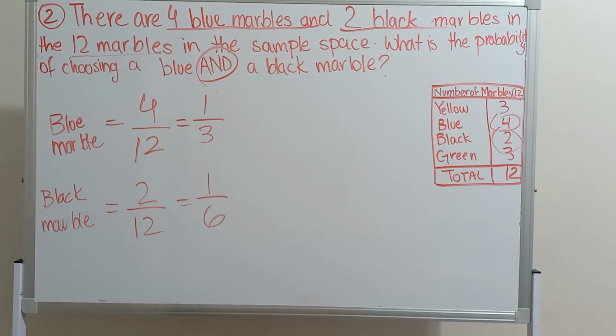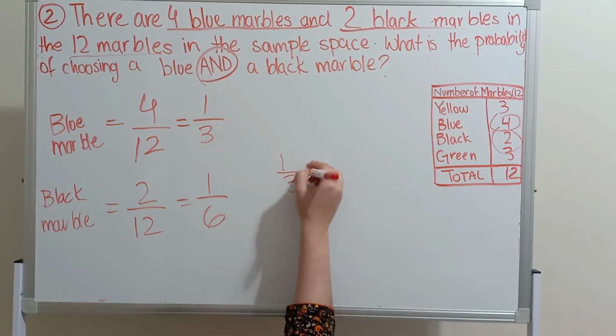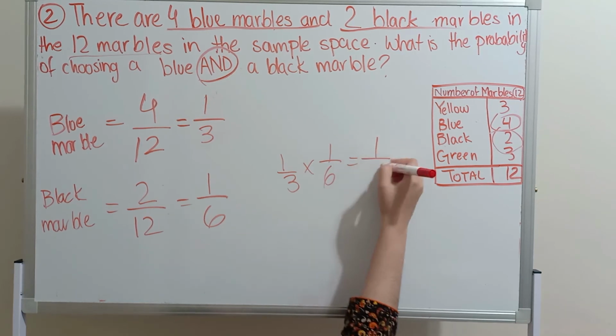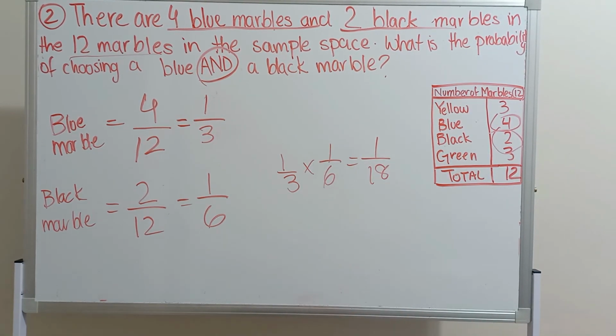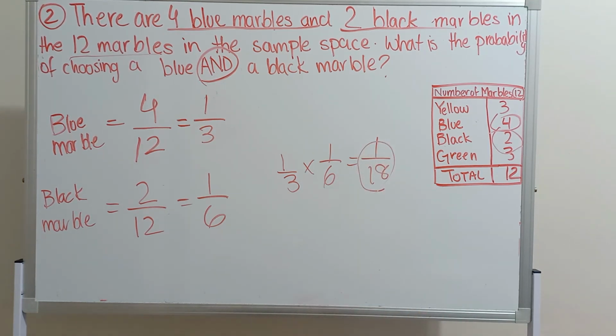Now we need to combine these because we need to find the probability of choosing both a black and a blue marble. So we are going to multiply 1 over 3 times 1 over 6. And when we multiply these, we will get 1 over 18. So this is going to be our answer for the second question, 1 over 18. This is the probability that they will choose both a blue and a black marble.